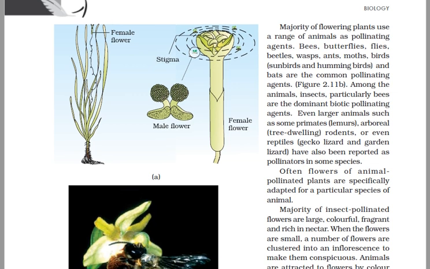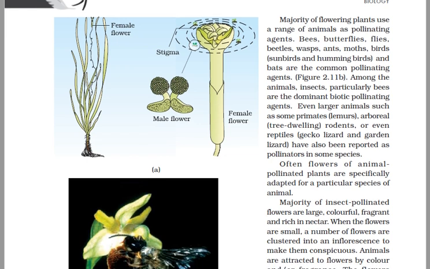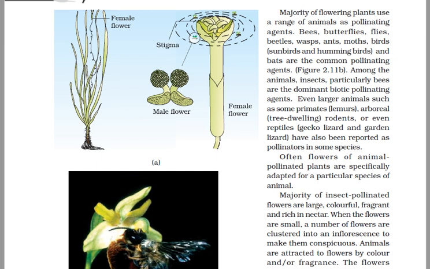Here the stigma and the pollen grains are sticky, so that when the insects get attracted to them, they come to consume the nectar and they get stuck to it. So this way the pollen grains are covered by a viscous and sticky substance, which is also termed as pollen kit, which I have already discussed with you.